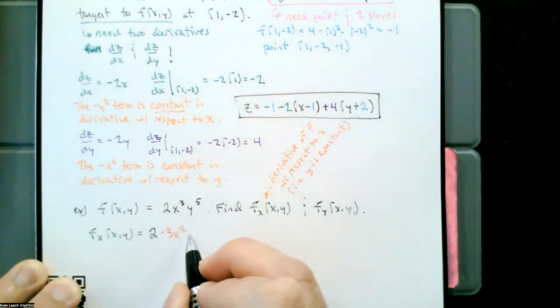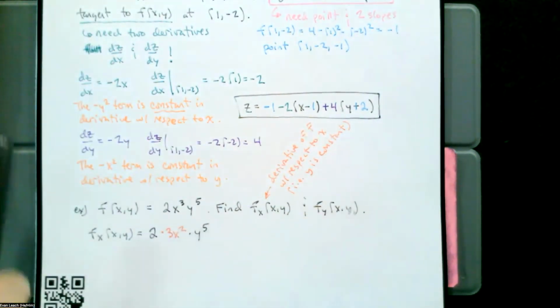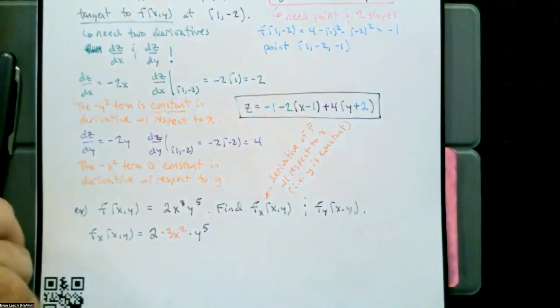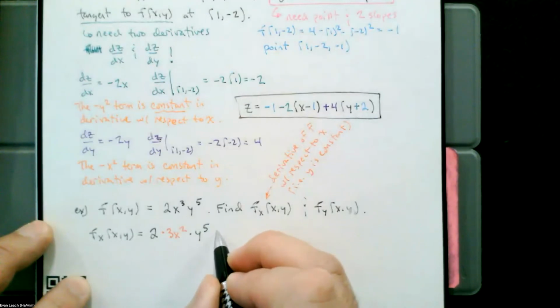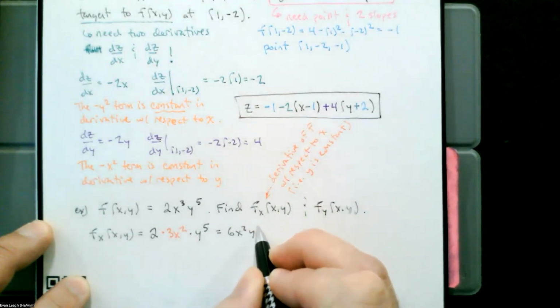And y to the 5th is constant. X is the variable here. Y to the 5th is constant. Then, of course, we don't leave it this way. We get 6x squared y to the 5th.